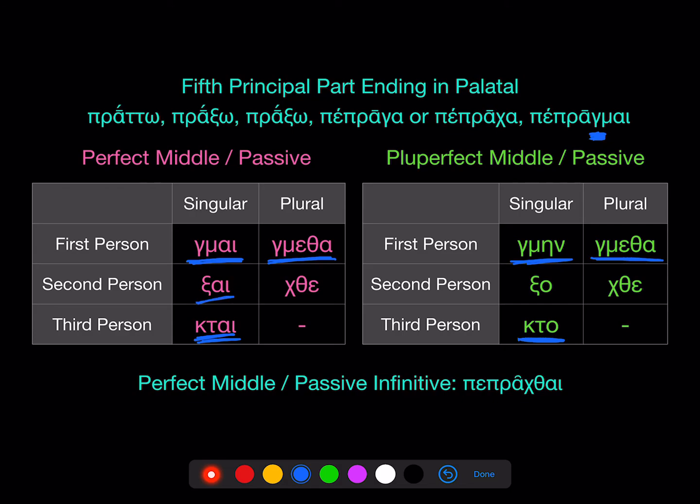And before the psi and sa, the palatal plus the sigma are going to combine to give you a xi. And before the sthe ending, the sigma drops out, the palatal roughens to a chi, and you get chthe. The same happens in the infinitive, peprachthai.